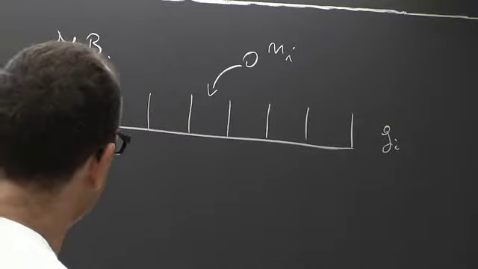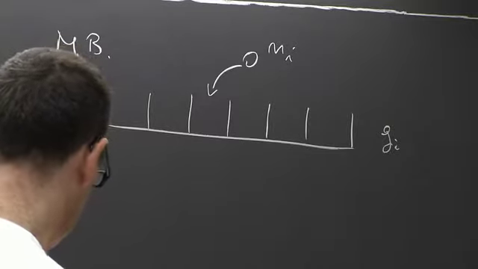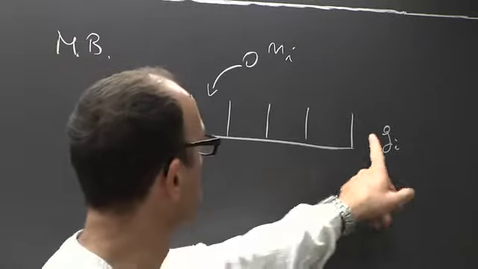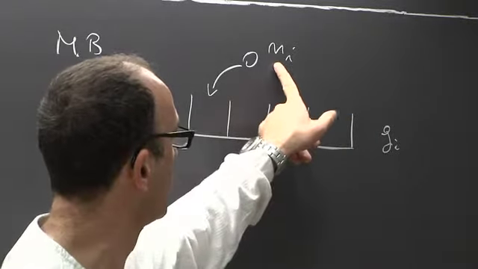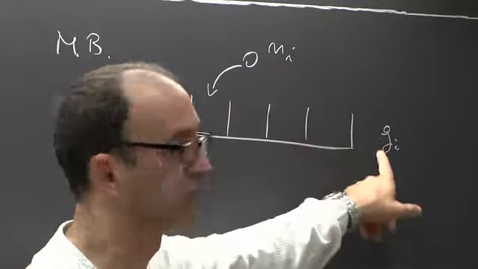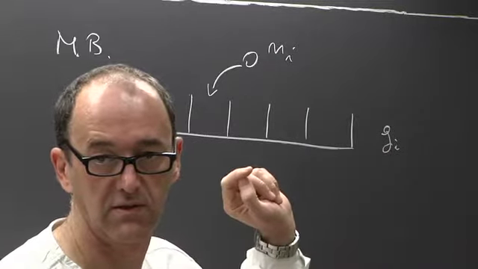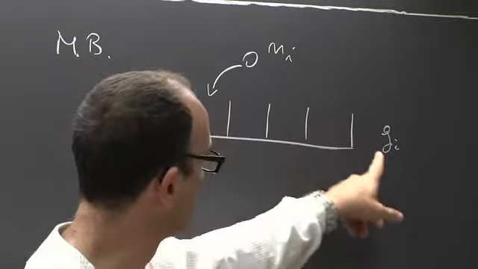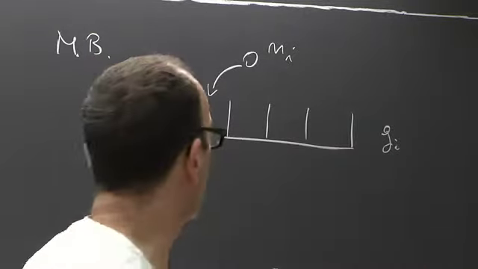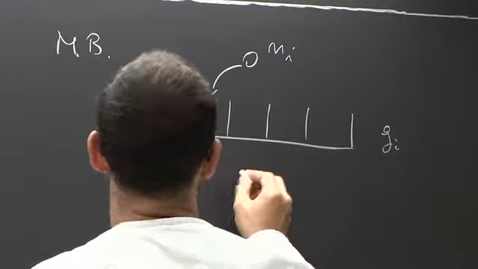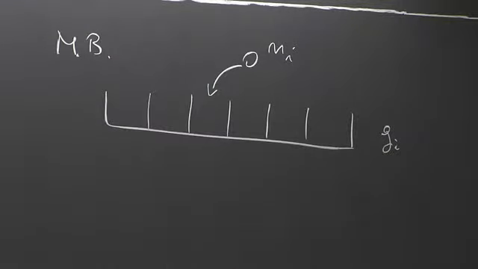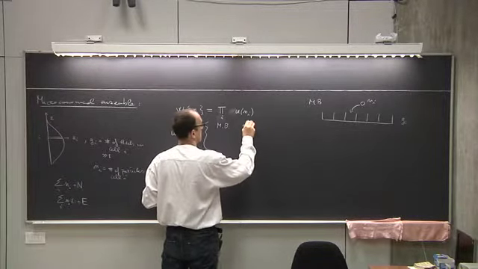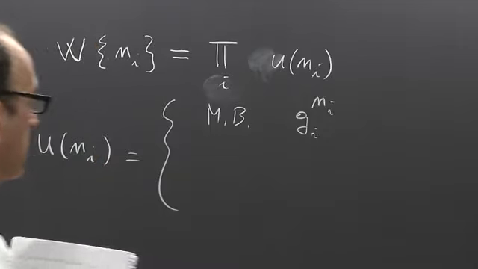So for each particle I can choose a box in G_i possible ways. So for the Maxwell-Boltzmann case, I have a factor which is equal to G_i to the N_i.